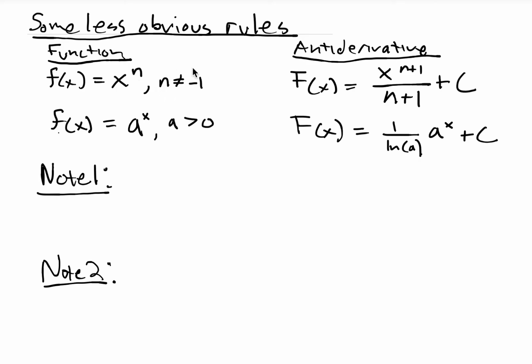So basically what this restriction is saying is don't apply the antiderivative power rule when you should be applying the log rule instead, right? The antiderivative of 1 over x should turn into natural log of x, not some power rule term, okay? So some comments just on usage of these guys.